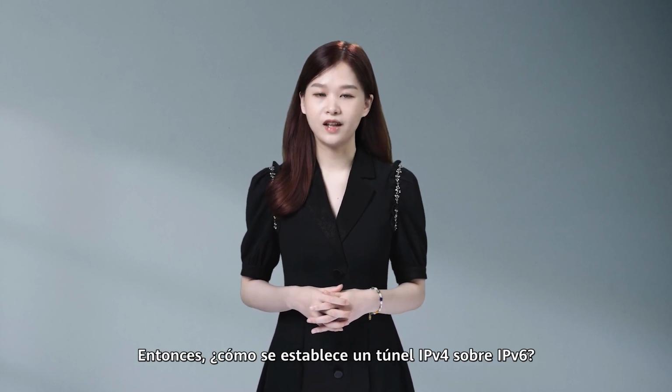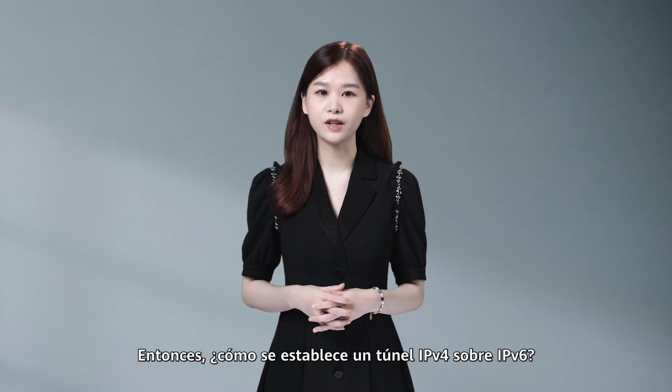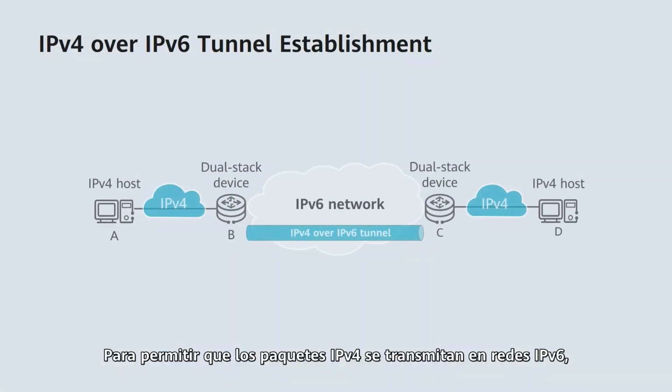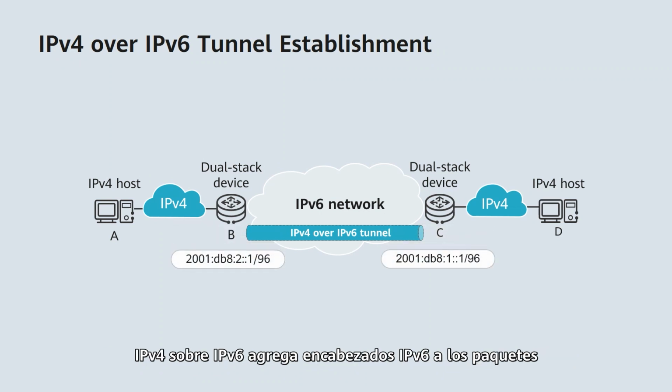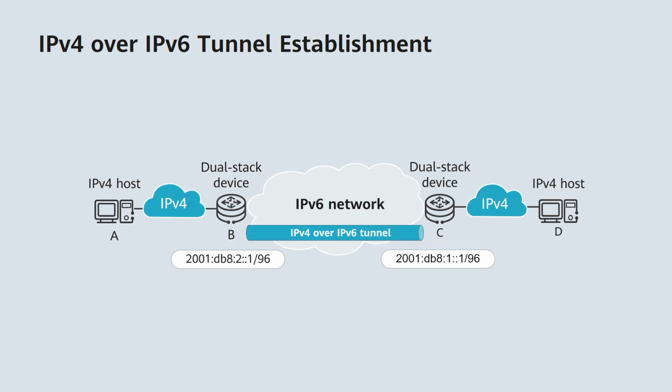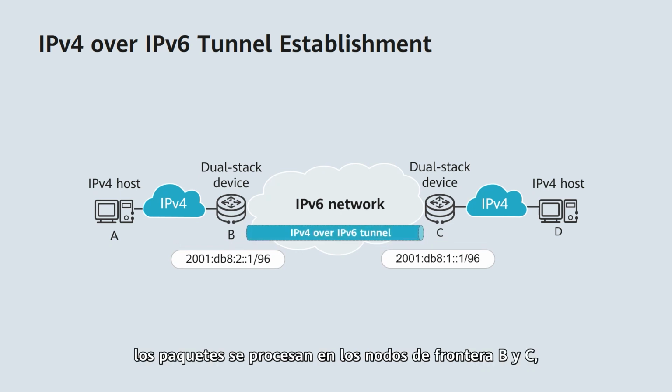So, how is an IPv4 over IPv6 tunnel established? To allow IPv4 packets to be transmitted on IPv6 networks, IPv4 over IPv6 adds IPv6 headers to the packets to encapsulate them into IPv6 packets. On an IPv4 over IPv6 tunnel, packets are processed on border nodes B and C, and other nodes are unaware of the tunnel.